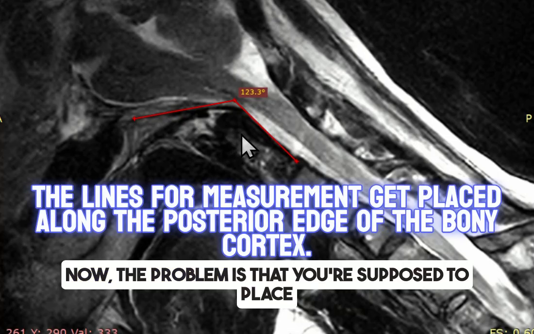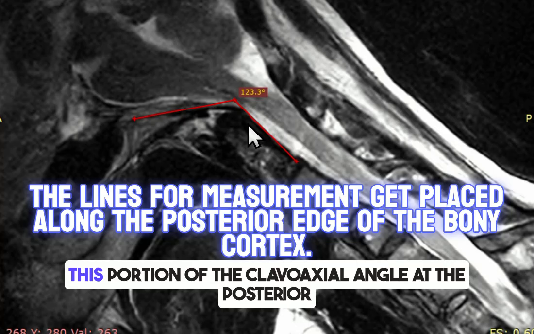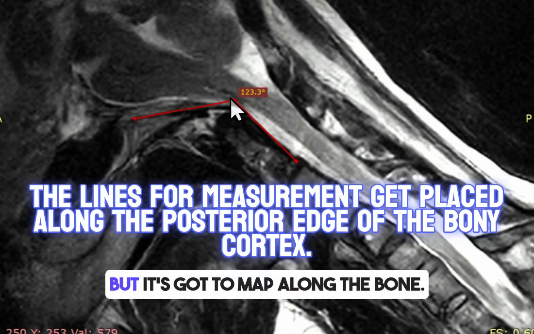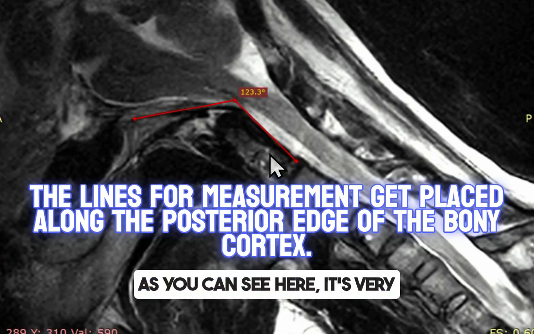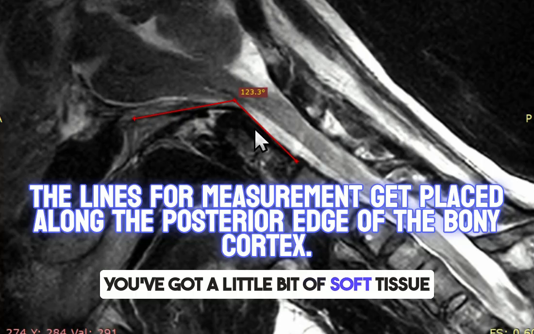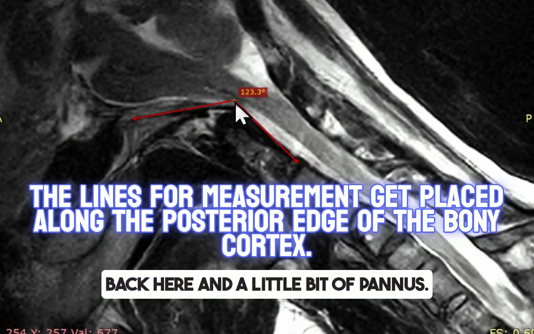Now, the problem is that you're supposed to place this portion of the clivoaxial angle at the posterior inferior corner of C2, or the dens, but it's got to map along the bone. And as you can see here, it's very hard to see where the bone starts. You've got a little bit of soft tissue back here and a little bit of pannus.